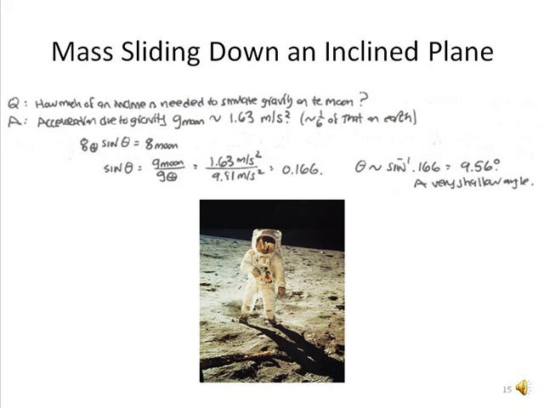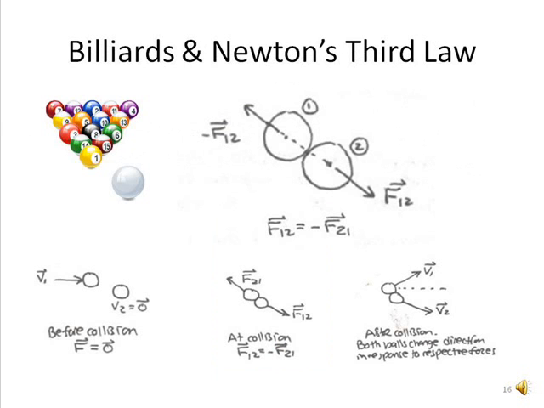And we're going to set a equal to g, the gravity on the moon. Well, rearranging terms, we see that sine theta has to be equal to 0.166, or theta is the inverse sine of this, which is 9.56 degrees. Therefore, if you set up an inclined plane at approximately 9.5 degrees, a body sliding up, down, or across will behave much as it would on the moon's surface.